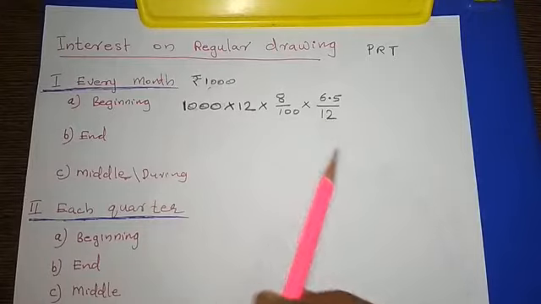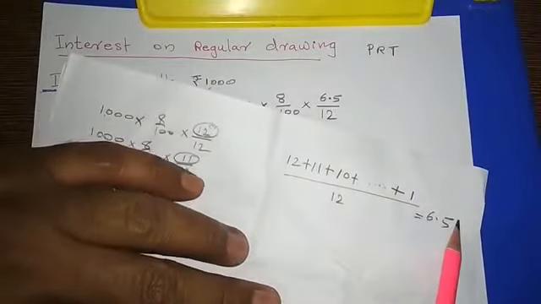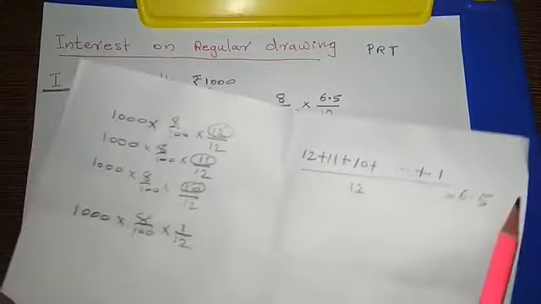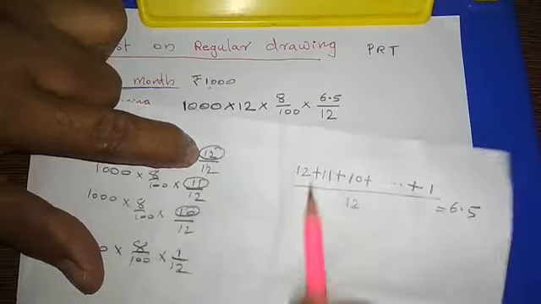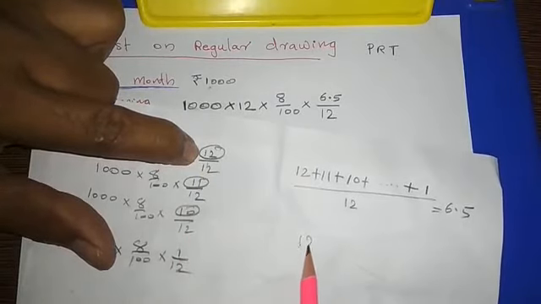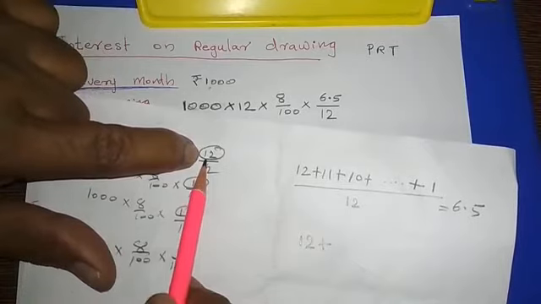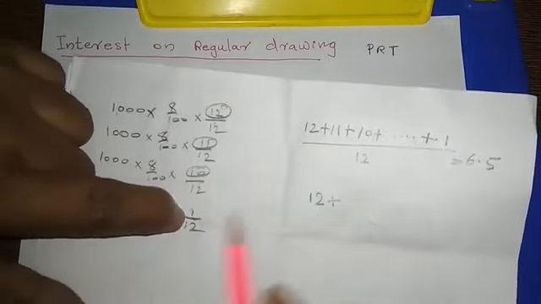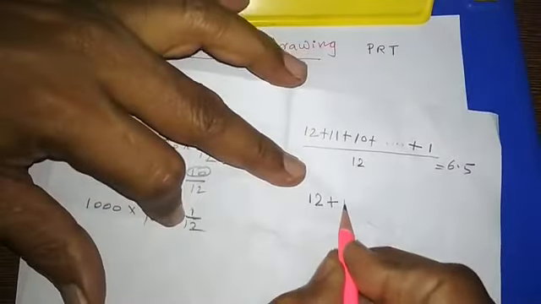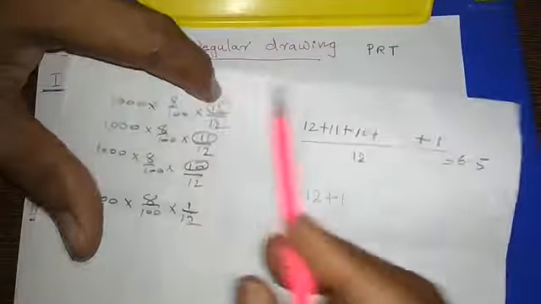Another shortcut method to understand this 6.5: listen, the months remaining after the first drawing will be 12, and the remaining months after the last drawing will be 1. So 12 plus 1. We took only how many months remain after the first drawing and after the last drawing.